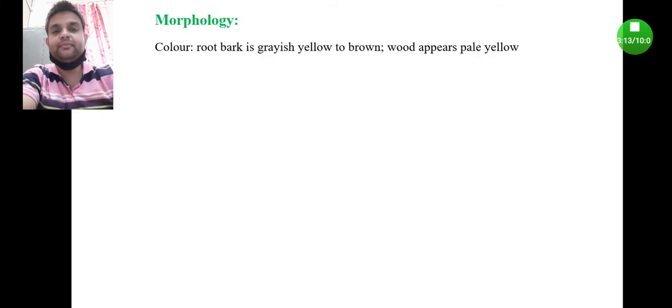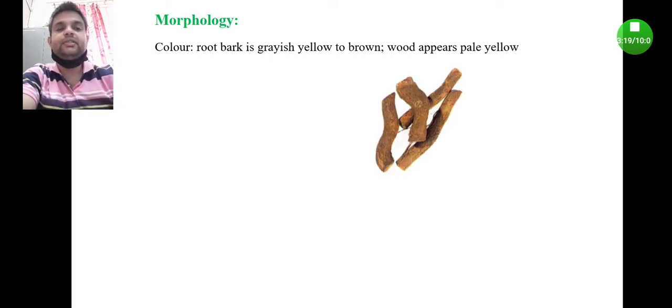Let us discuss briefly the morphology of the root. If you see the color, it is grayish yellow in the upper part, whereas the wood, the inner part, is pale yellowish in color.